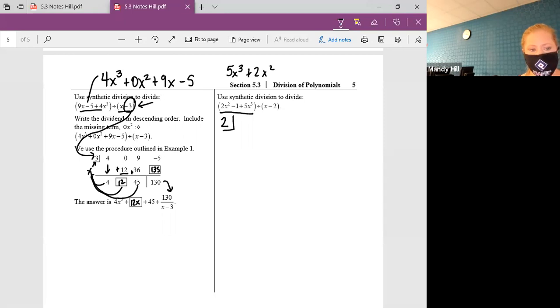I don't see any x to the first, so I have to put +0x to the first because there's not any there. You can't skip that place just because it's not there. You have to have it. And then I've got -1. So my coefficients here are going to be 5, 2, 0, -1.